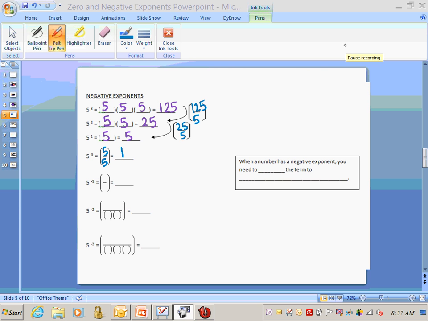Okay, does that make sense? So now I'm going to take this number, 1, divide by 5. So 5 to the negative 1. You guys see how I did this? 3, 2, 1, 0, negative 1. It's going to be 1/5.